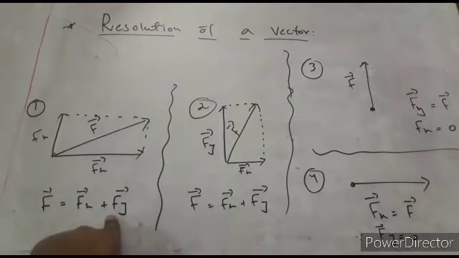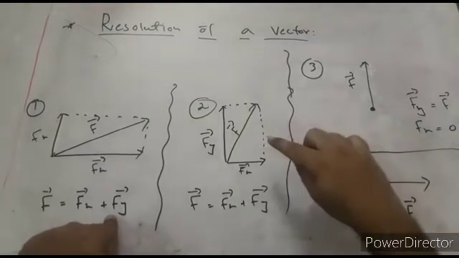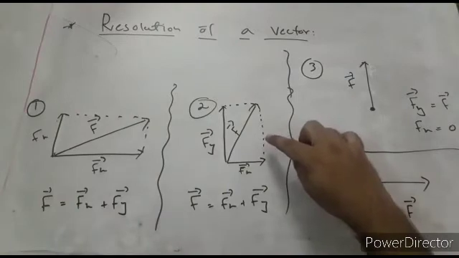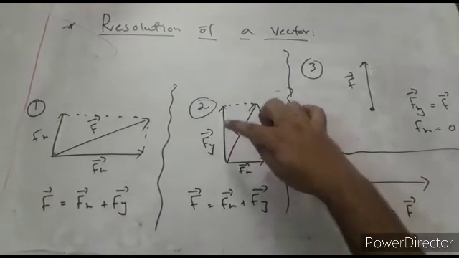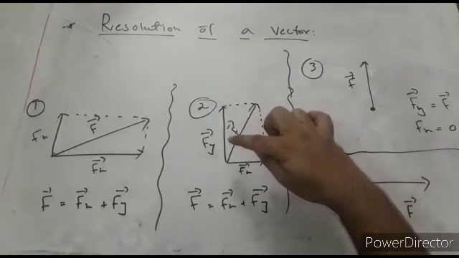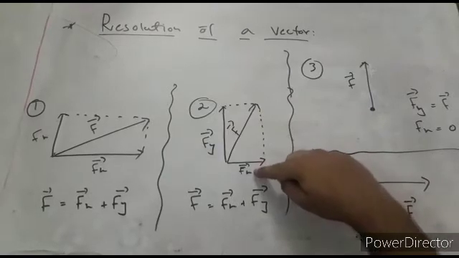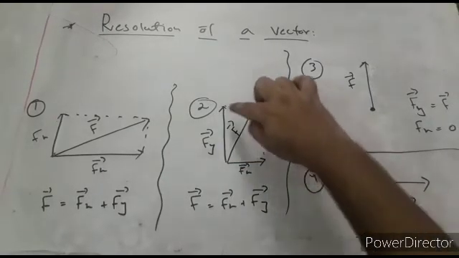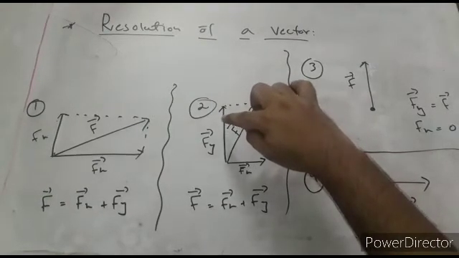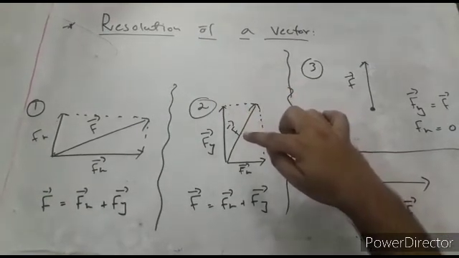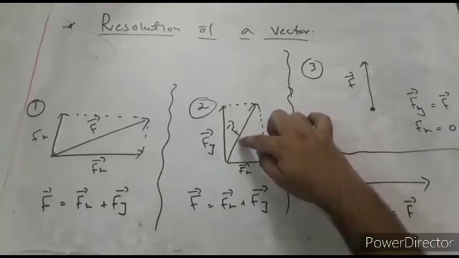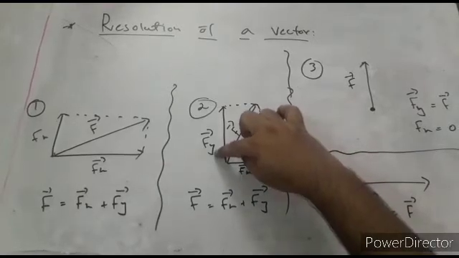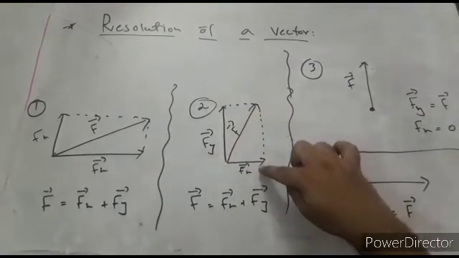Over here you can see the y component is longer than the x component, because this vector F was leaning more towards the y-axis. That's why its y component is more than its x component.